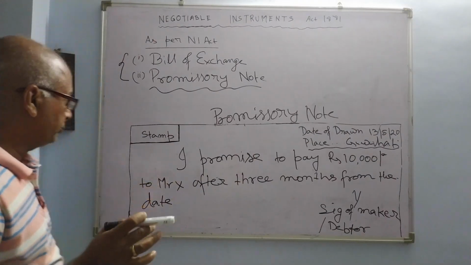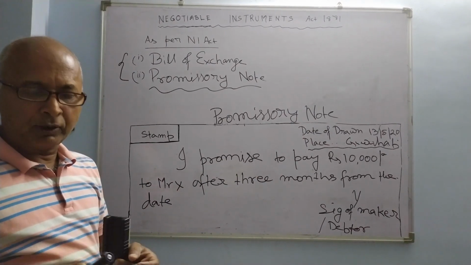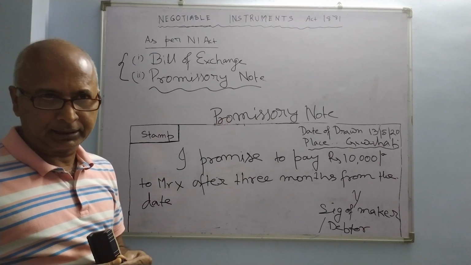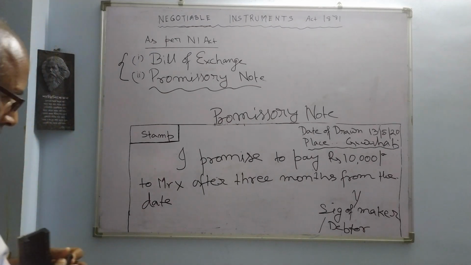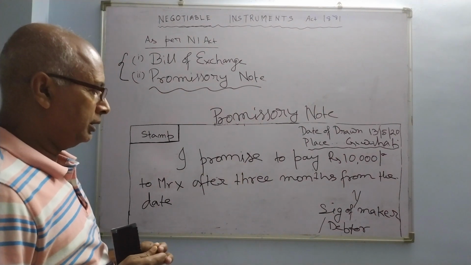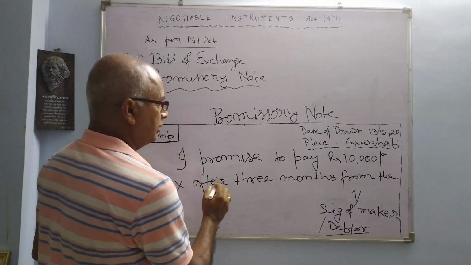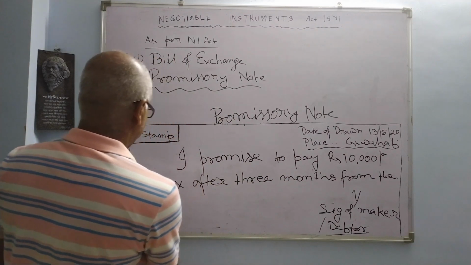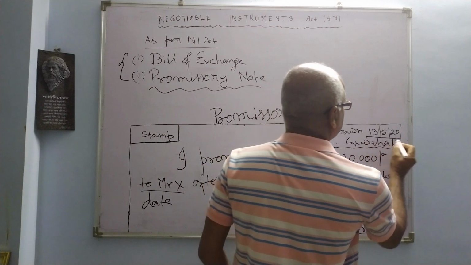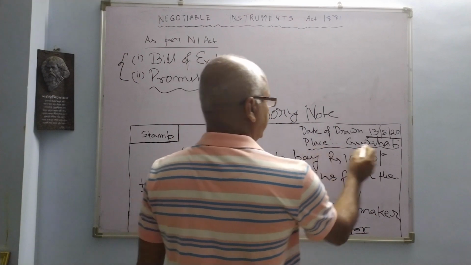Now, come to the second point, that is promissory note. This is another option through which we can execute credit transactions. In a promissory note, there are only two parties: the debtor and the creditor, Mr. X. You see the language: there will be a date drawn, and the place will be there.